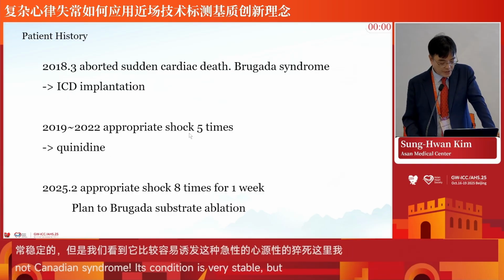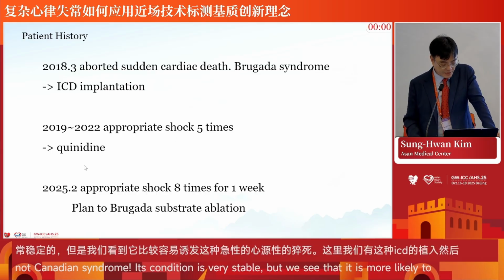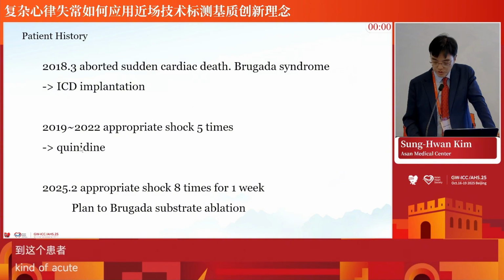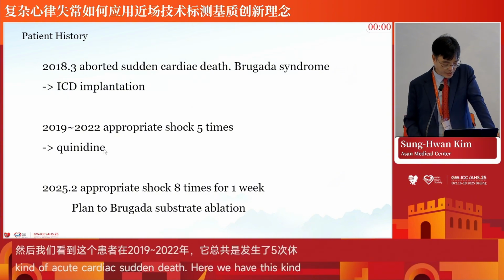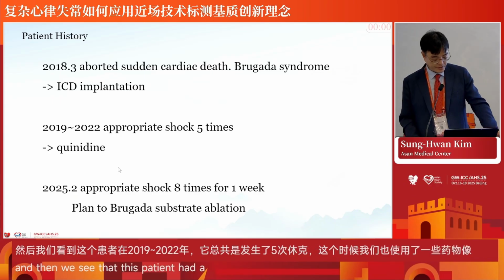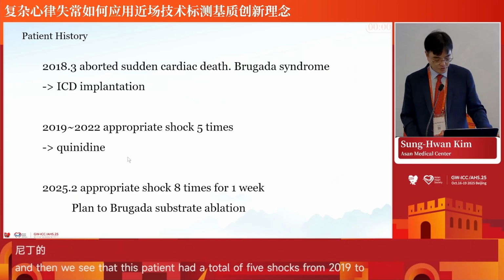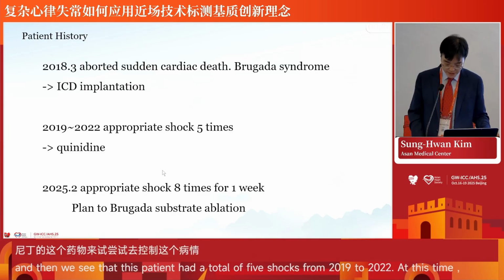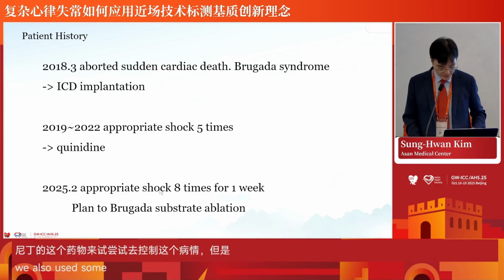For a couple of years, there were appropriate shocks several times. I tried to control it with quinidine. But recently, he suffered from very frequent appropriate shocks during a very short time. So there is no option other than to ablate.